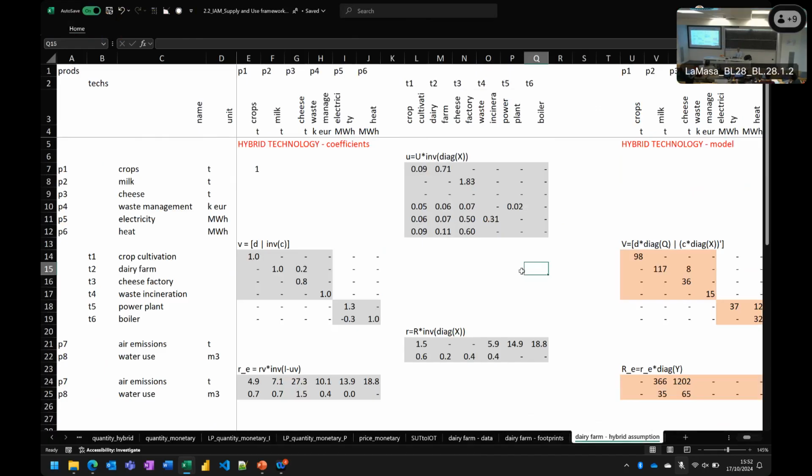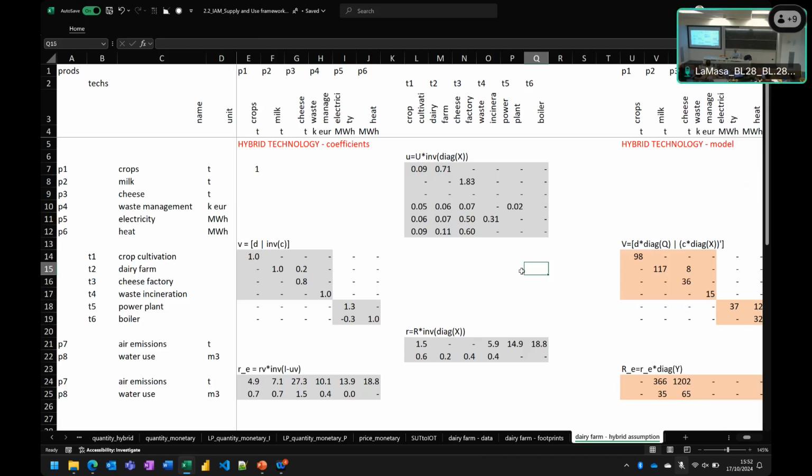There's no need to take snapshots because I already uploaded these tabs in the Excel file, the previous Excel file, the one that I used for the supply and use framework. So these are the last tabs of the previous file. And these are solved.